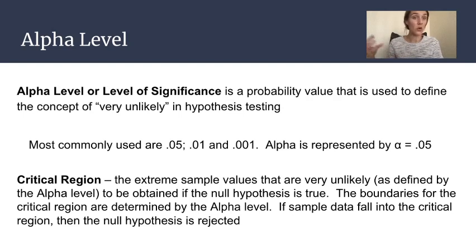Probability or chance or likelihood of something happening. So what we're going to be doing is setting a certain criteria, a certain unlikeliness that something's going to happen if our null hypothesis is true. So how unlikely something is to happen if our null hypothesis is true. That's what we're talking about here.